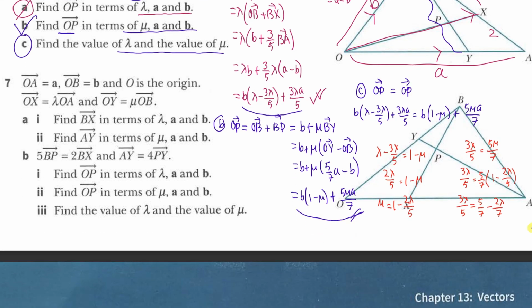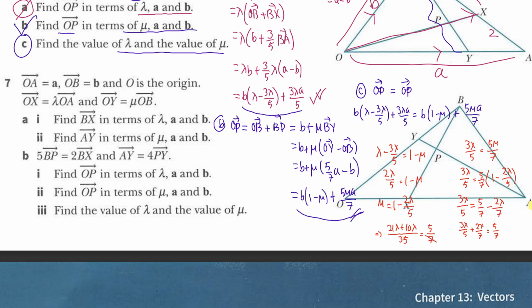So we can write 3 lambda by 5 plus 2 lambda by 7 equals 5 over 7. Then from there, if we take the LCM, 3 times 7 is 21 lambda, and the other part, 5 times 2 is 10 lambda, divided by 5 times 7 is 35, equals 5 over 7.